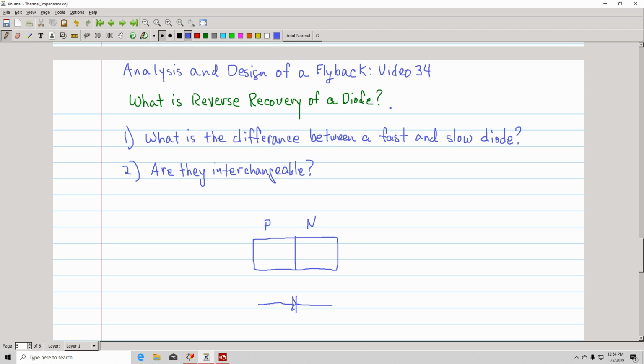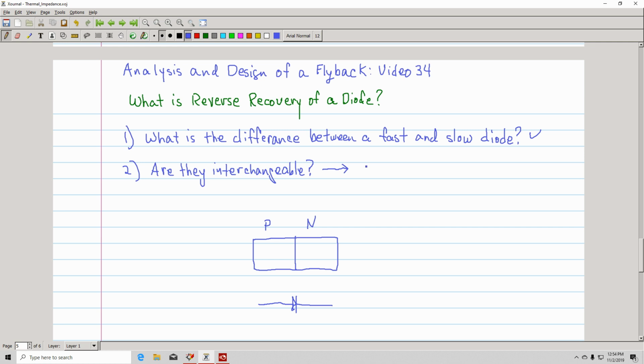So that's an important subject. What is the difference between the fast and slow diode? We're going to cover a little bit of that. And then, are they interchangeable? Okay, I'm going to go ahead and give the answer right now.